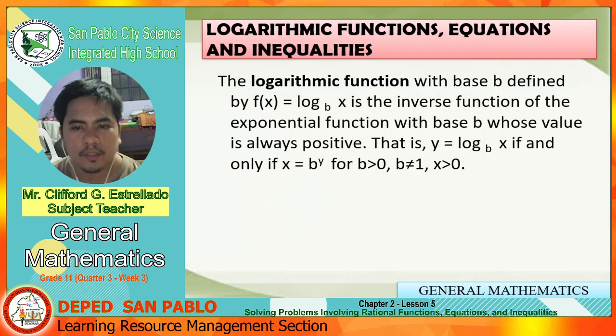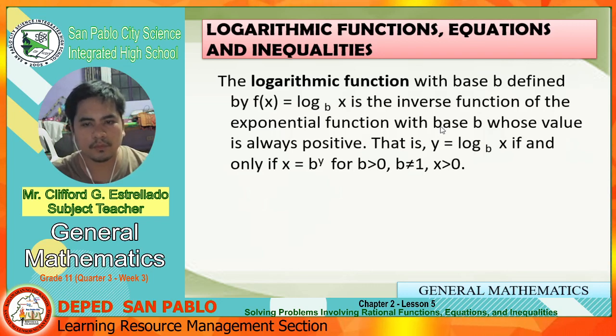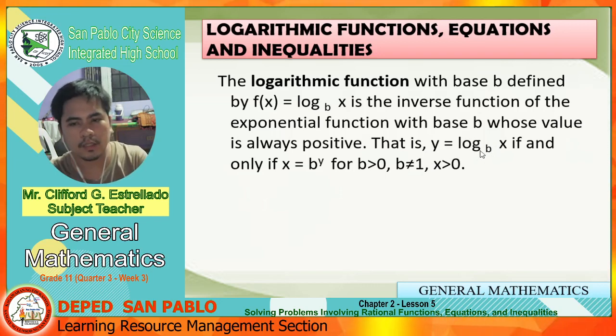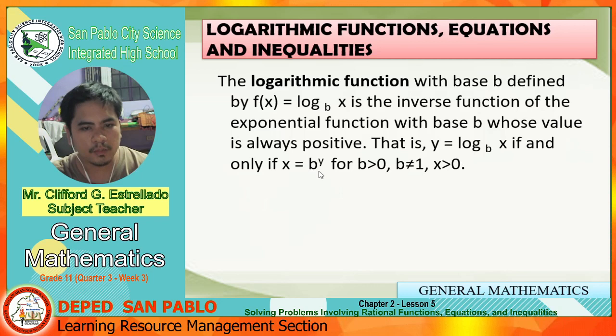As you can see, from the logarithmic form to exponential form, in our logarithmic form, y is equal to logarithm of x with the base b. So our base is b, and in our exponential function, the base is b.